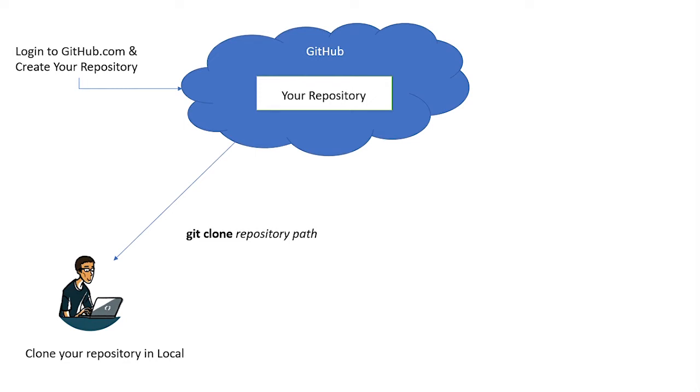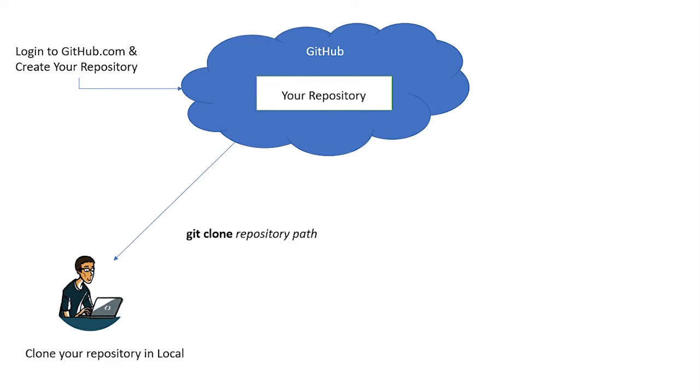In order to do the cloning operation, you have two approaches. One, you can go ahead with command prompt, command line commands such as git clone followed by the remote repository path. And when you execute this, you have to ensure that you're in the right folder where the repository has to be cloned.